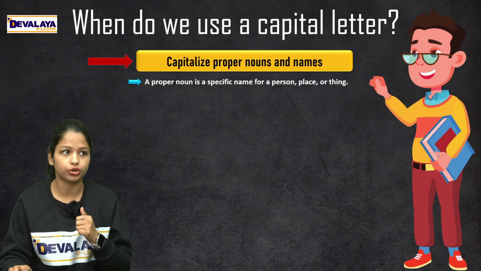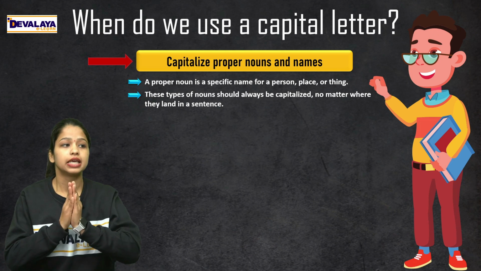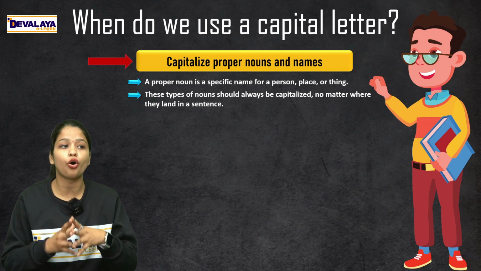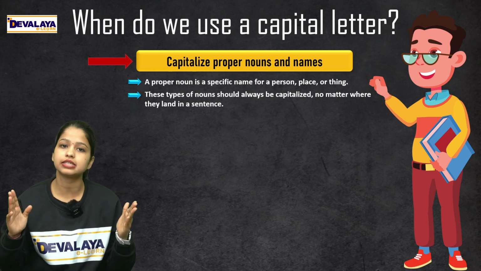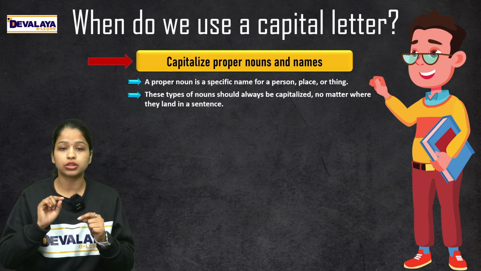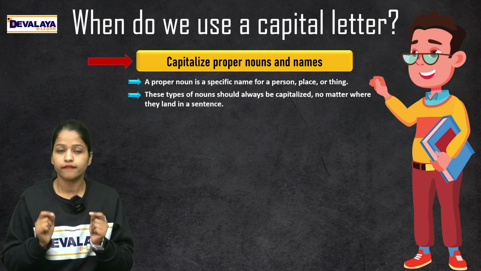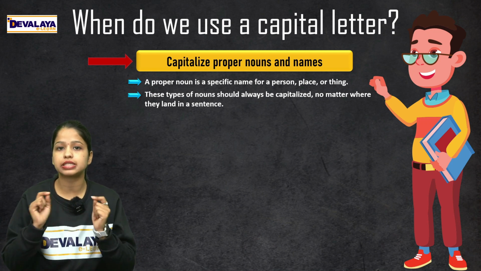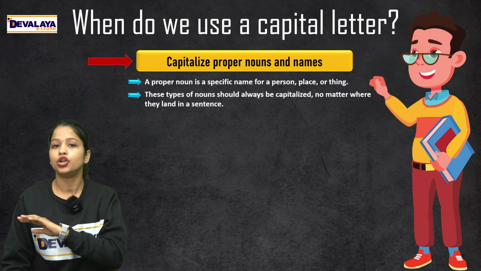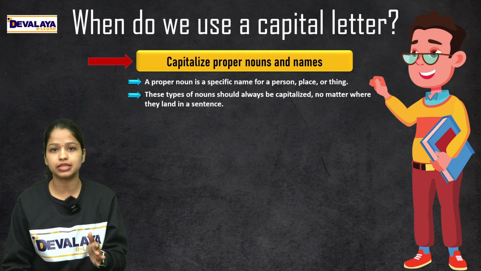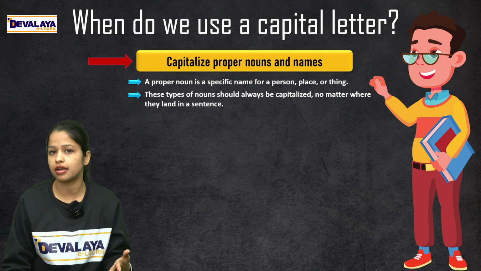Clear? Good. Now, the next point is, these types of nouns should always be capitalized no matter where they land in a sentence, right? Whenever we are using any proper noun in a sentence, at that time it must be capitalized no matter where it lands in the sentence.